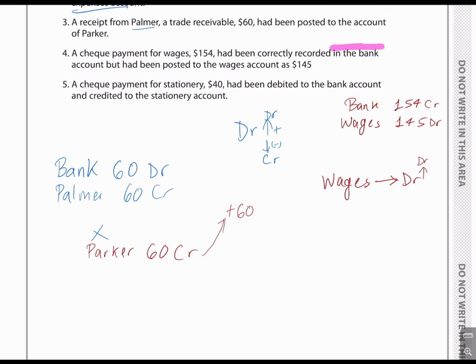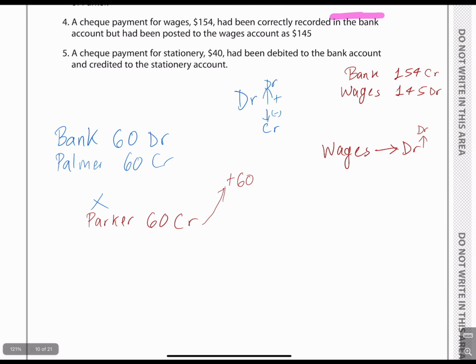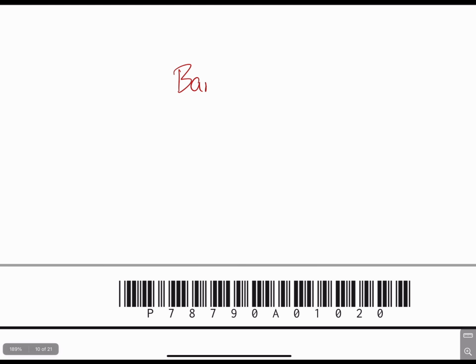Now this is an error of reversal. A check payment for stationery 40. Let's explain this. You have paid a check of 40 for stationery. So the correct journal is this, right? Bank 40 credit and stationery 40 debit.